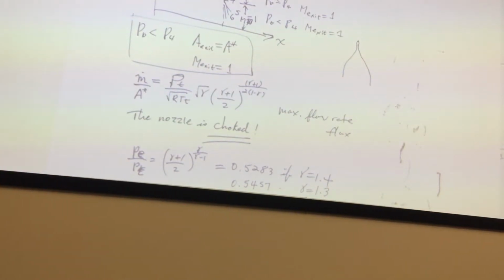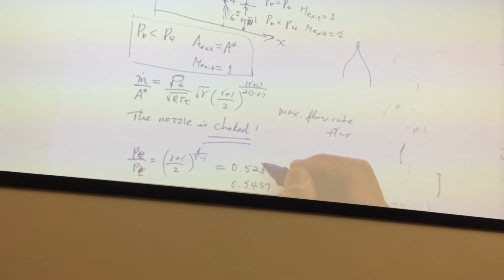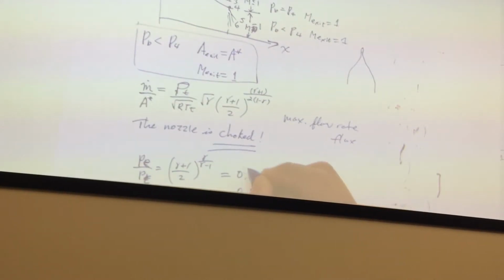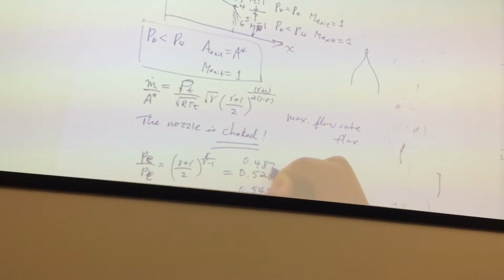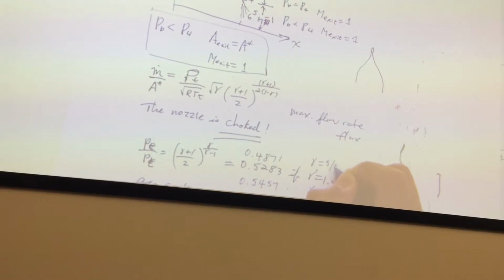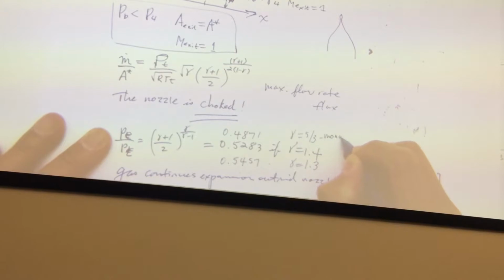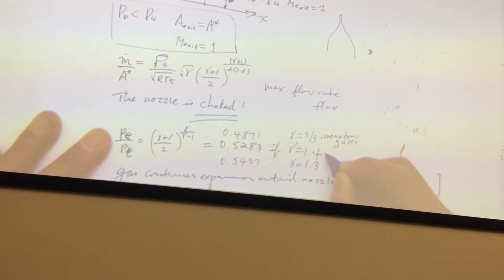Now these are typical values that your textbooks are talking about. And of course, this will be equal to 0.4871 if gamma is equal to 5/3. So this is kind of like monatomic gas. This is really 7/5.